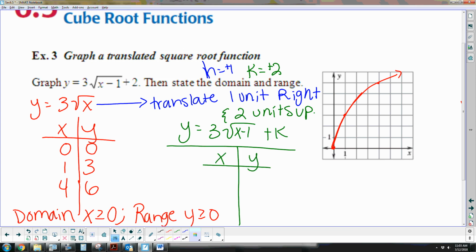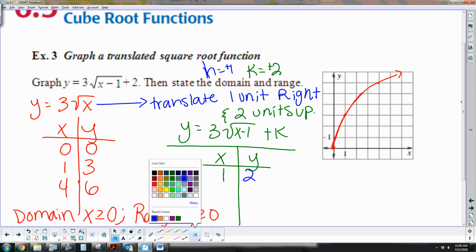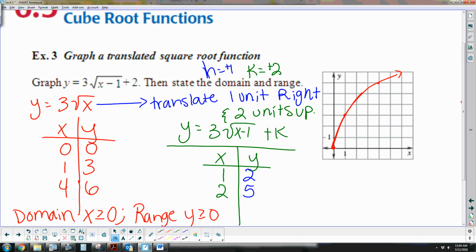We're going to start at 0 still, but we're going to translate that 1 unit to the right, so our x value becomes 1. And we're going to translate it 2 units up, so our y value becomes 2. The coordinate (1, 3), we're going to translate that 1 unit to the right, so our x value is 2. We're adding 1 to our x, and our y value is 5. We're adding 2 units to our y value.